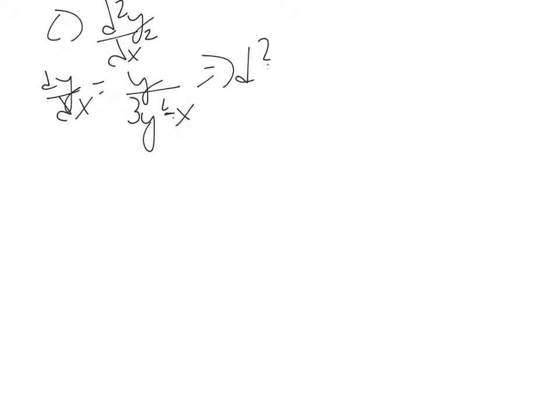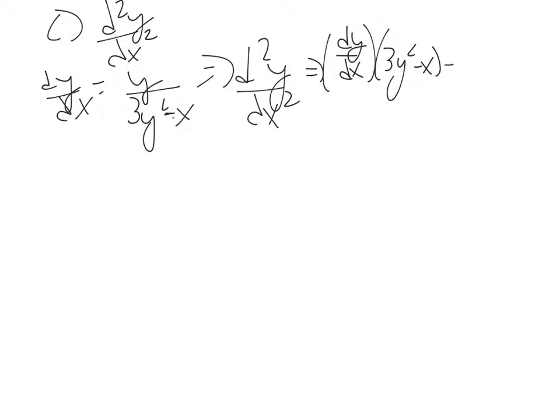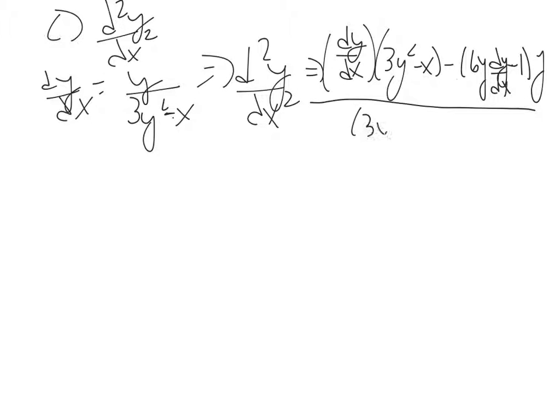So the quotient rule, and remember I'm deriving implicitly, so that would be dy/dx times the bottom minus the derivative of the bottom, minus 1 times the derivative times the top, which is y, all over the bottom squared.